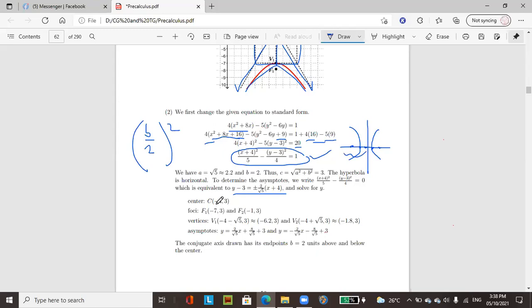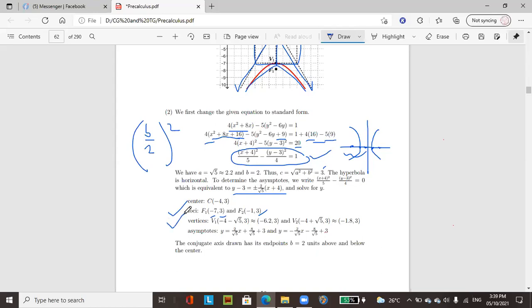So you have negative 4 minus C. Our C is 3. We have this time our X coordinate is negative 7. Ang 3 copy lang. Then ang F2, you have negative 4 plus 3. That is why we have negative 1. And our y coordinate also is equal to 3.